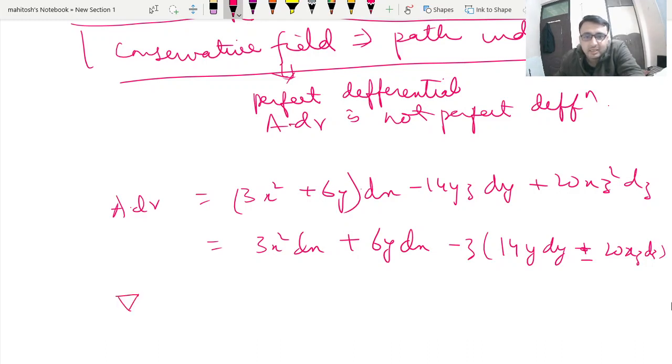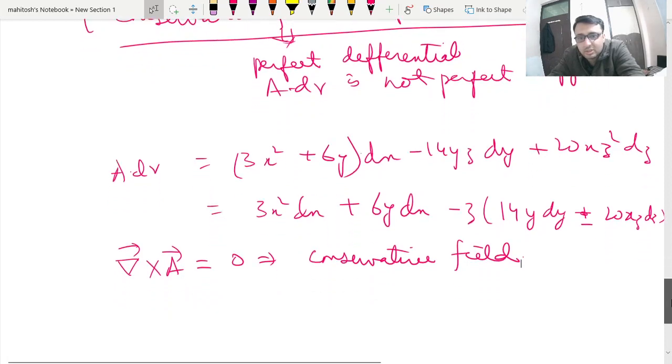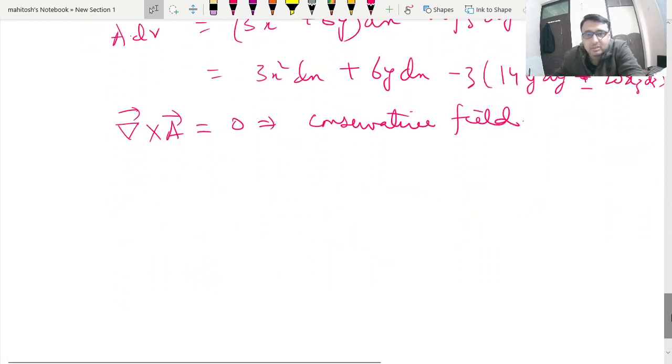Another way of looking at it is that the curl of A has to be 0 for a perfect differential or for a conservative field. You can always look up, whether you are doing partial differential equation questions, vector or ordinary differential equation, you can always check their perfect differentiability.